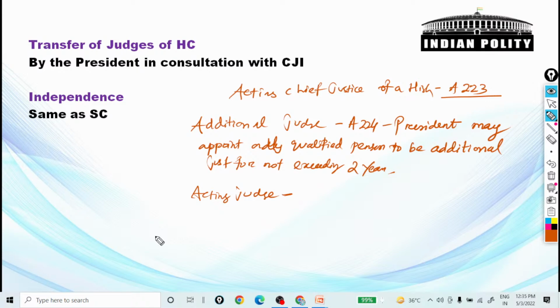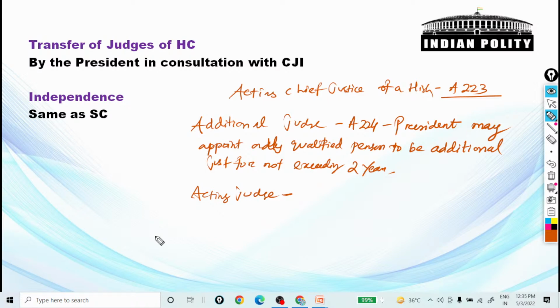There are two circumstances: when there is excess burden on the court, and when the permanent judge is temporarily absent. One person can be appointed for ad hoc purposes, and he will continue until the permanent judge resumes office. That is provided under 224(2).